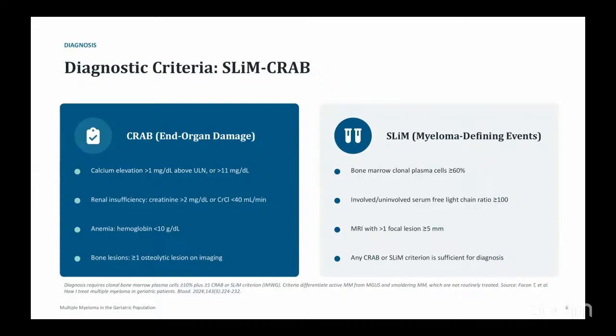Those include very specific hemato-oncologic tests, such as the bone marrow clonal plasma cell percentage being 60% or more, and the involved to uninvolved serum free light chain ratio being 100 or more, in addition to MRI with more than one focal lesion measuring 5 millimeters or more. Any CRAB or SLIM criterion should be sufficient for diagnosing multiple myeloma.